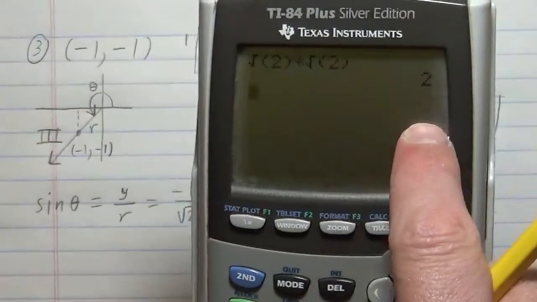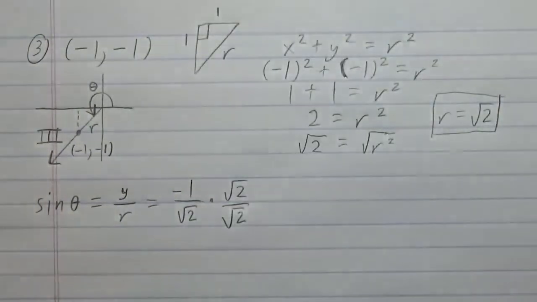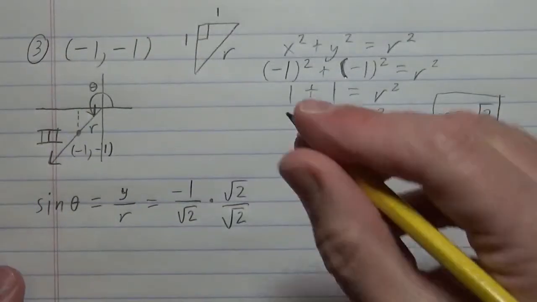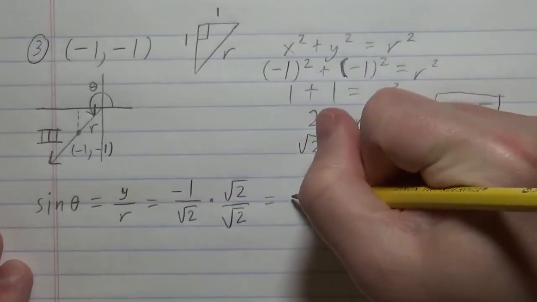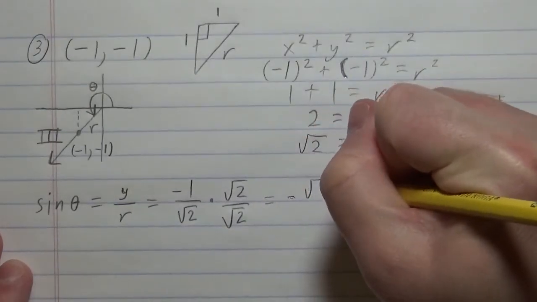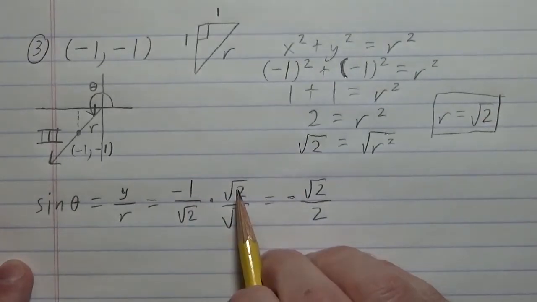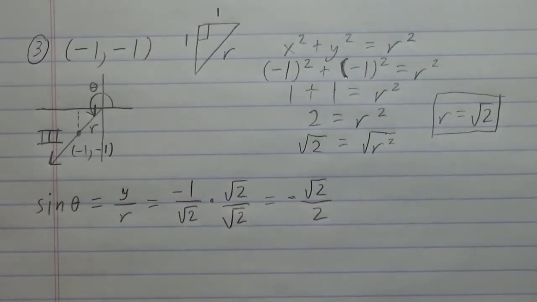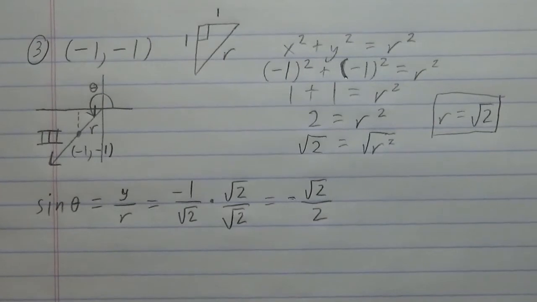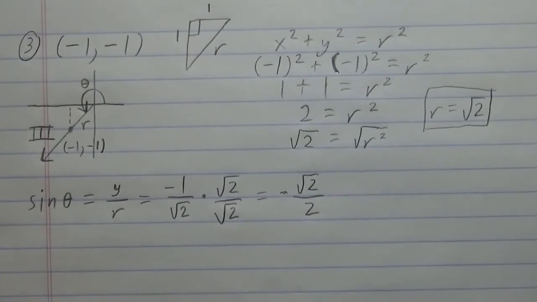That is called rationalizing, or getting rid of a square root in this case. So this gets me negative root 2 over 2. This 1 is times root 2, which is just root 2. That is the exact value of the sine ratio. Well, great. 1 down, 5 to go.